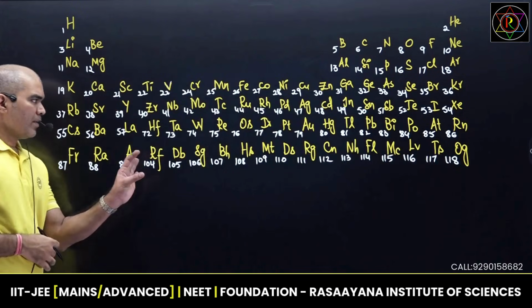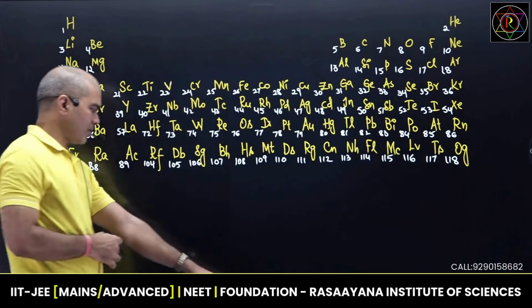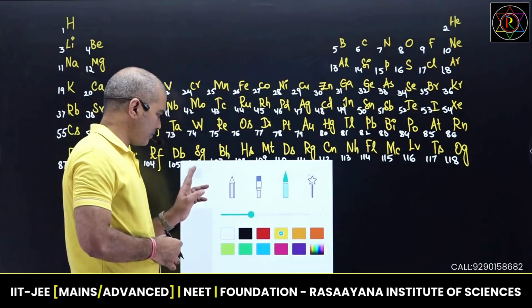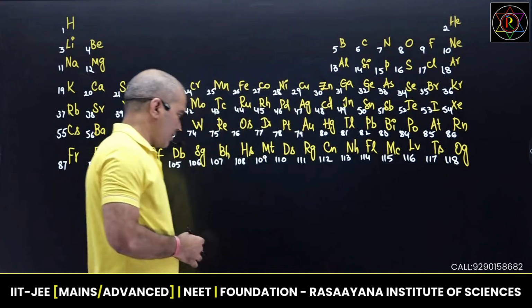So this has given you a complete picture of S block, P block as well as D block. Later we'll try to write the lanthanoids.